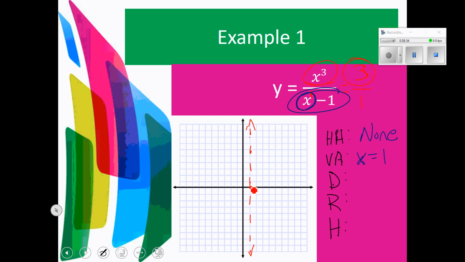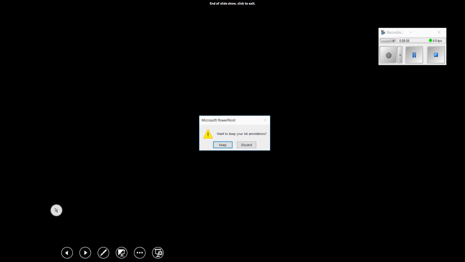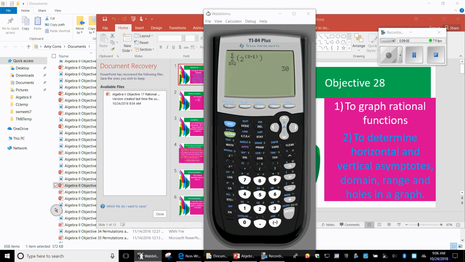Okay. So, at this point, we are going to put this into our calculators. Make sure you put parentheses around the numerator and the denominator, and you're just going to sketch it. So, let me pull up my calculator. Let's go to this first example.